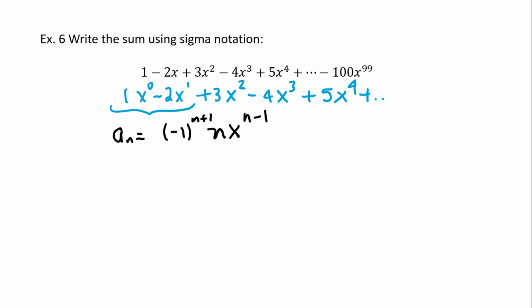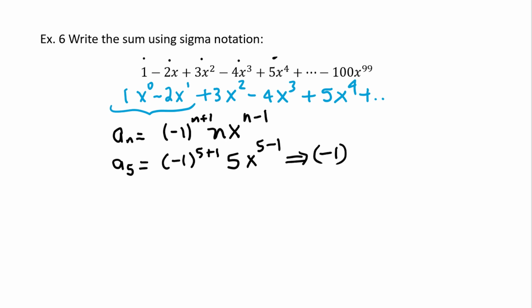It's always a good idea to check. What do I mean by that? So let's count. I got 1, 2, 3, 4, 5. I want to make sure that in this formula, the nth term formula, I check the fifth term, that's negative 1 to the 5 plus 1, 5x to the 5 minus 1, we simplify.